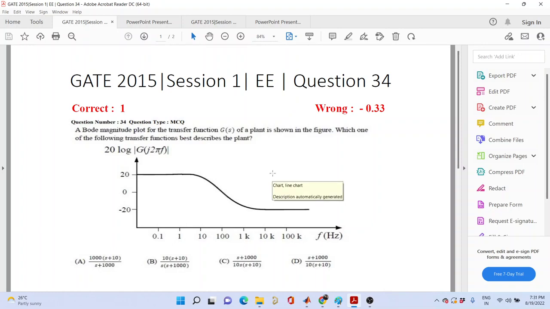Sir, we are not understanding. Okay, please speak. Change in magnitude on the y-axis by change on the x-axis. So what is the value of this slope? Tell me.